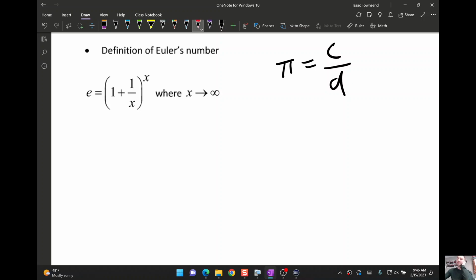The number E comes from this, and as you make these x values bigger and bigger and bigger, E gets closer and closer to what it actually is. So again, because it just naturally occurs with a lot of stuff that we do, we end up using it a lot, but it's not man defined. It's this ratio that just happens to occur a lot.